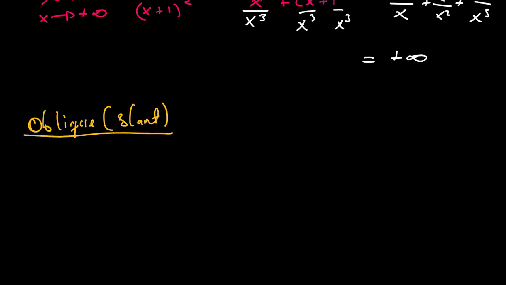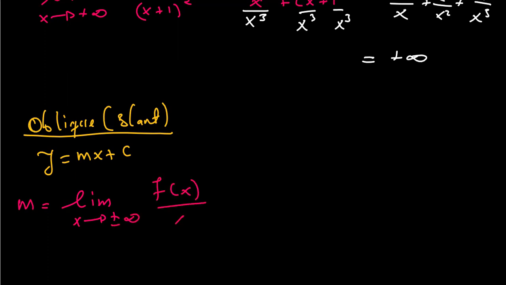So for the slant asymptote, we saw the definition saying that the slant asymptote is always of the form y is equal to mx plus c, where m is the limit as x approaches plus or minus infinity of f of x divided by x.